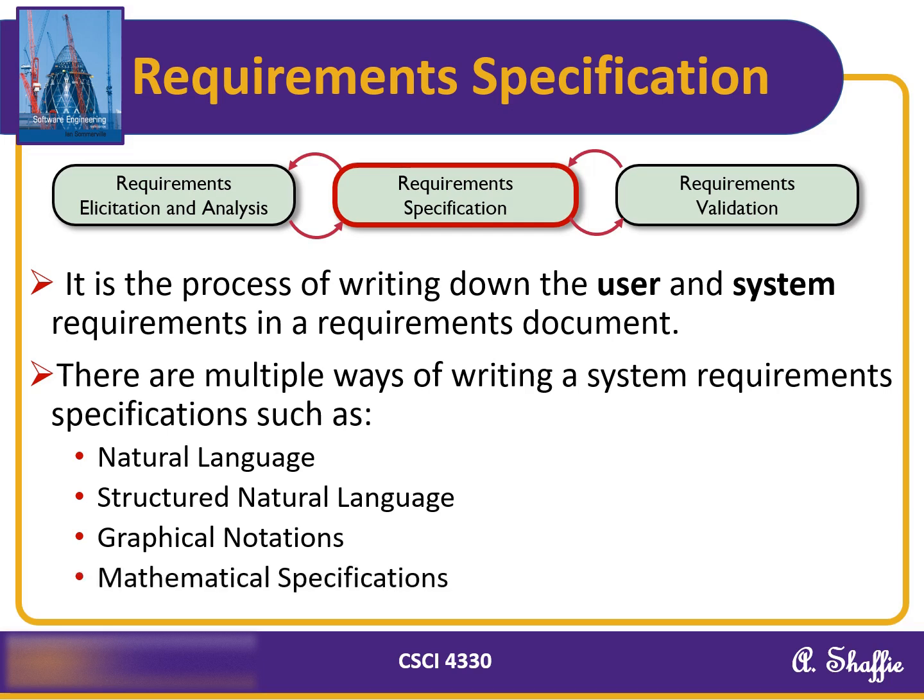And finally, mathematical specifications. These are based on mathematical concepts like finite state machines or set theory, providing a precise, formalized description of all the requirements. Each of these methods has its strengths and is chosen based on the project's needs and the stakeholders involved.